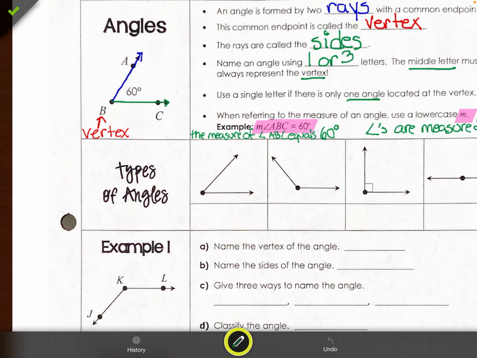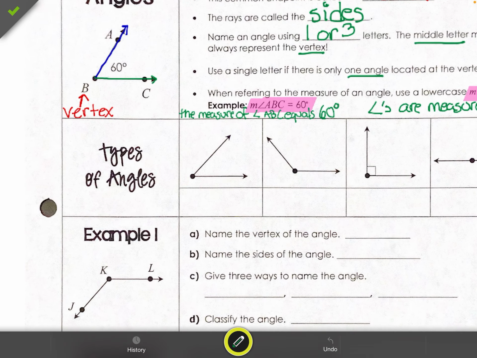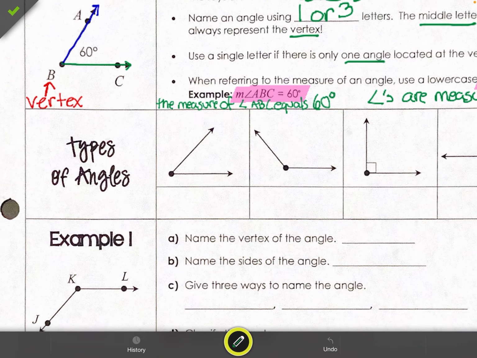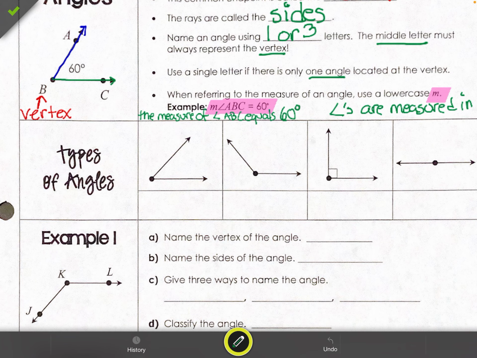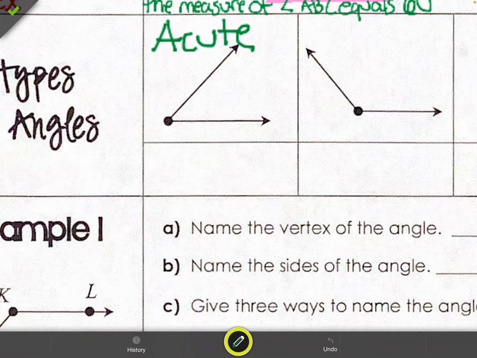Now, you've seen this at some point in your math journey through school, but there are different types of angles. The first kind is an acute angle. Acute angles measure less than 90 degrees.